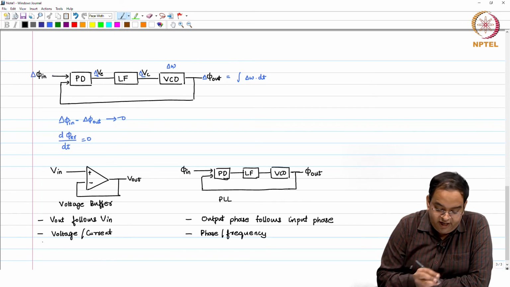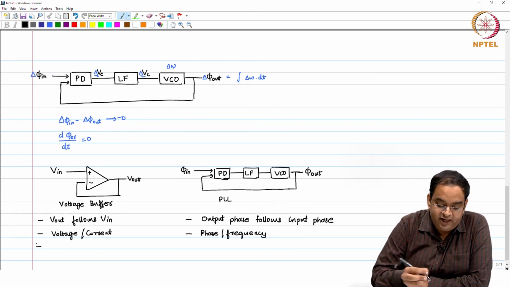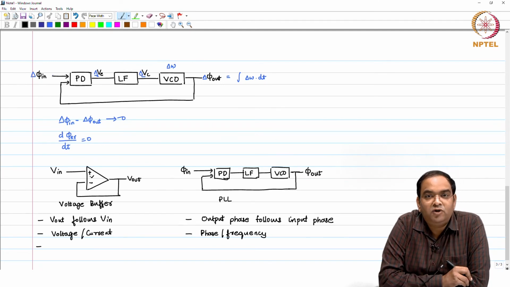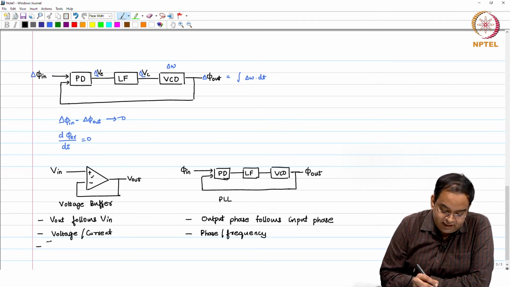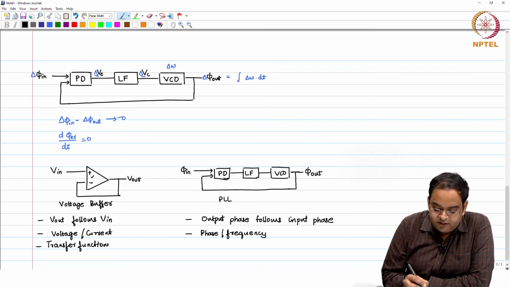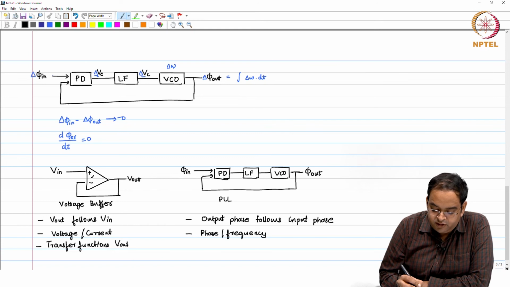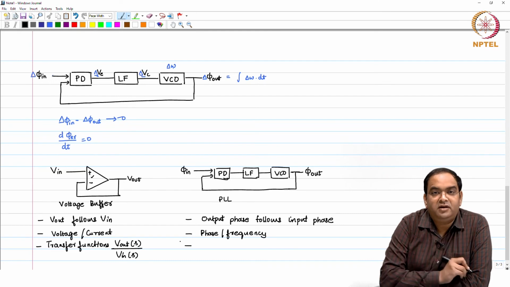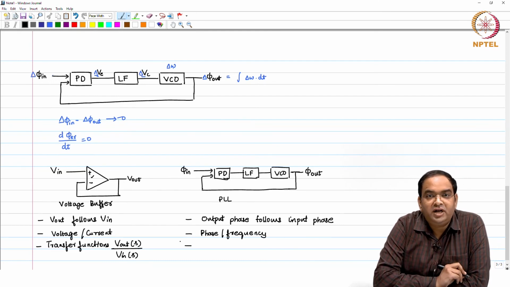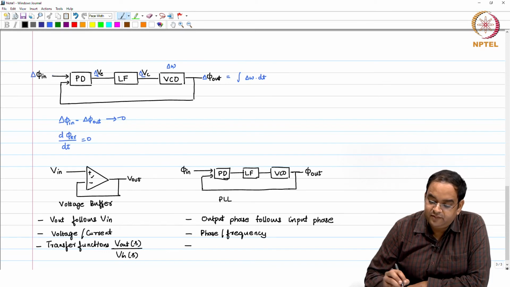The way you have analyzed, or you would like to analyze, this particular amplifier and the voltage buffer using transfer functions like V out of S by V in of S, in a similar way you will analyze the input and output phase using the same kind of Laplace transform, Bode plots and others for a transfer function like this.